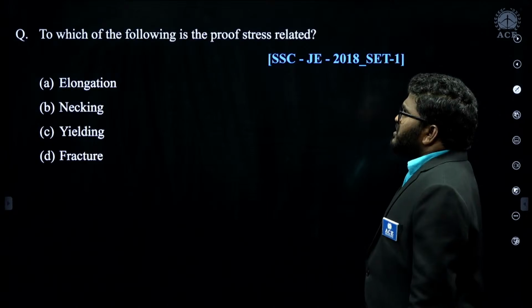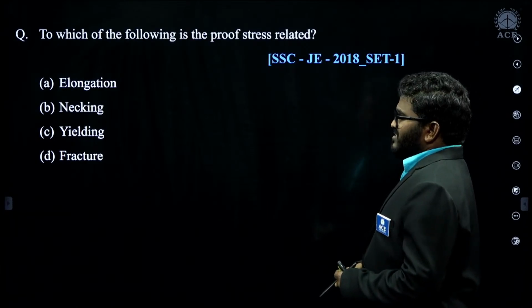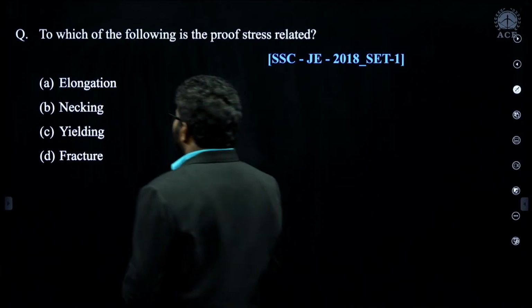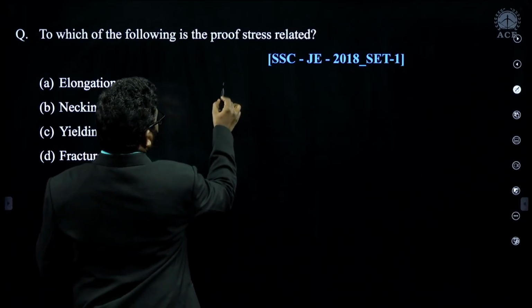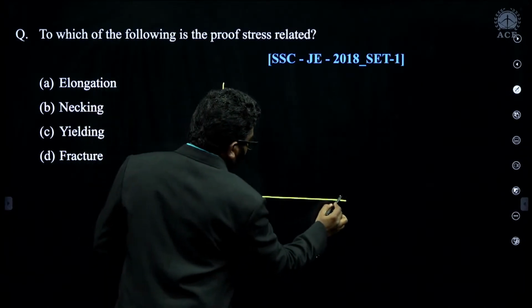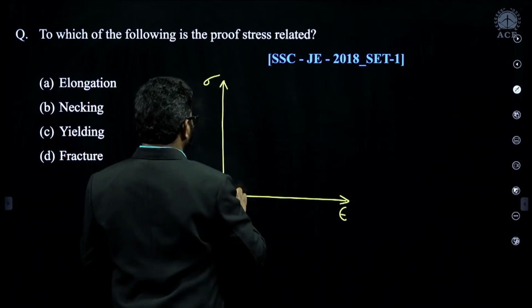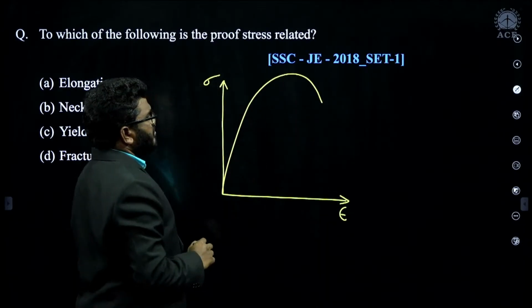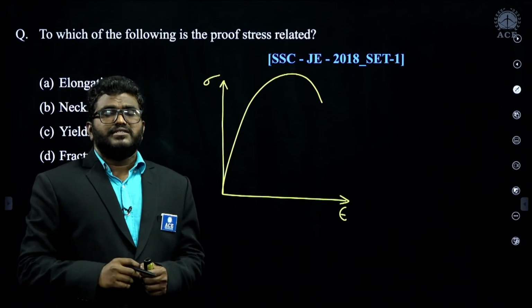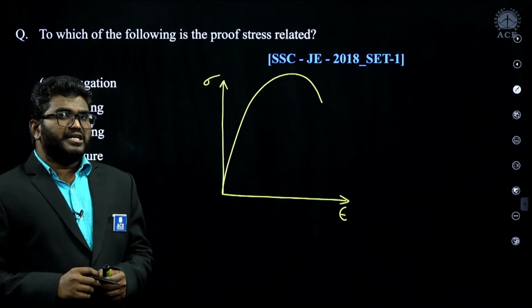Now, to which of the following is the proof stress related? Remember, the proof stress is related to the yielding point. Let us consider the stress strain curve. Now, I want to find the yield point for this stress strain curve.